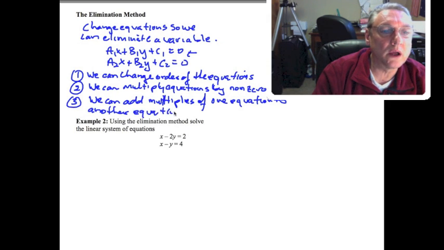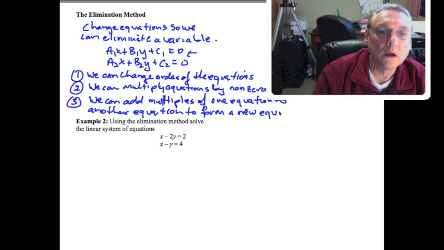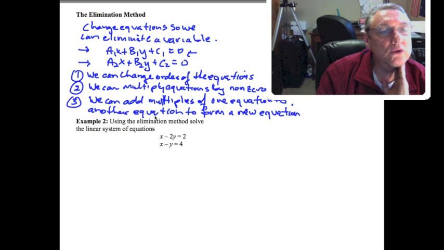So in other words, I could take one equation here, multiply it by a non-zero constant and add it to another equation to form a new equation. These are what we call row operations, because we've got our equations in rows like this.